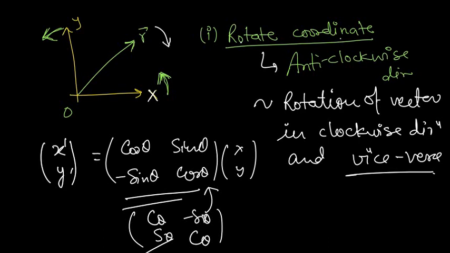Both are similar, so you have to be careful about using the rotation matrices when you are calculating the transformation. Okay, so this was the important point to note down. Be careful with the directions of rotation, anti-clockwise or clockwise.